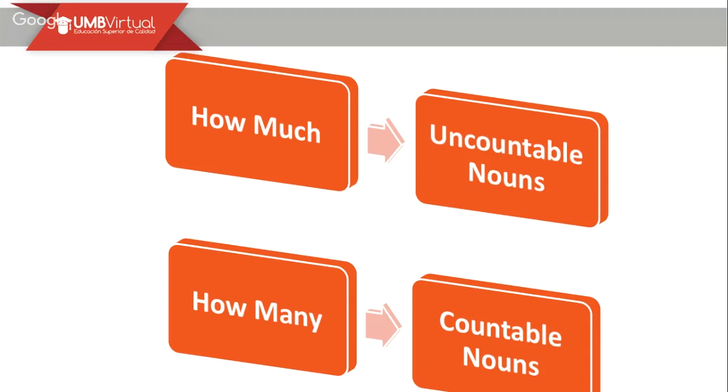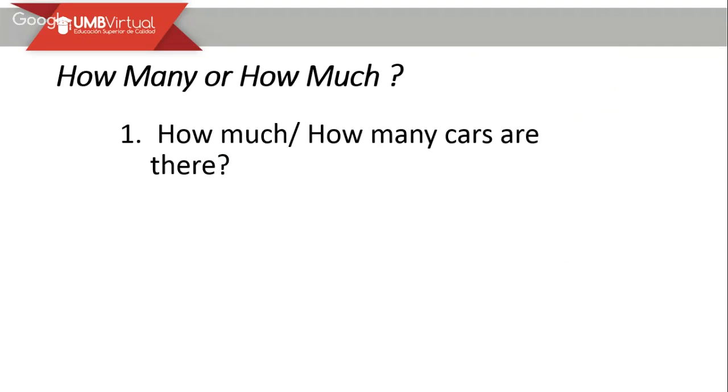For the first one, we use how much when we're talking about uncountable nouns. And for the second one, how many for countable nouns. Entonces, recordemos, cosas incontables, tenemos los líquidos, entre otras cosas, cosas abstractas also, and how many cosas contables, where you can count the computers, chairs, among other things.